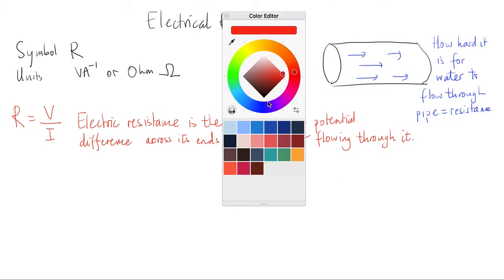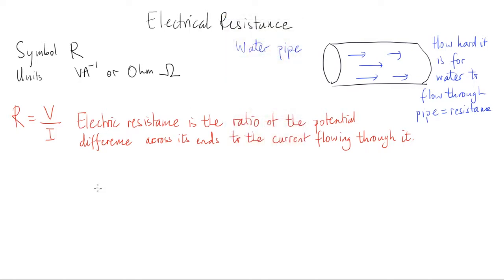And the symbol on the circuit diagram for a resistor is a rectangle, like that, an elongated rectangle.